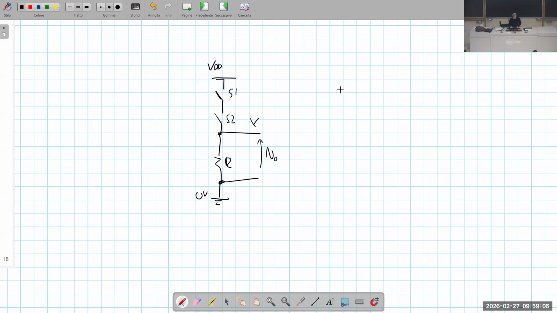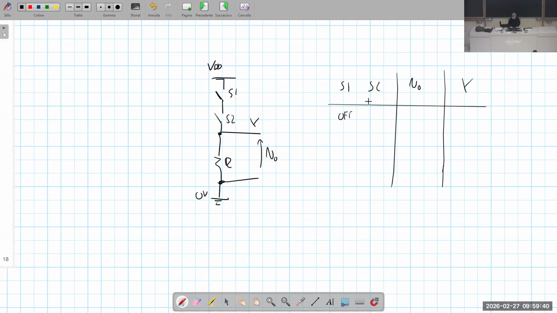Let's discuss what is the output voltage VO, and the corresponding value of the logical variable Y, depending on the state of these two switches, S1 and S2. Each of them can be either on or off, so we have 4 possible combinations.